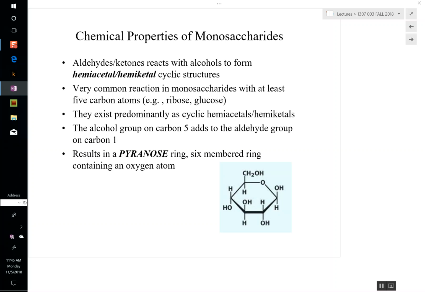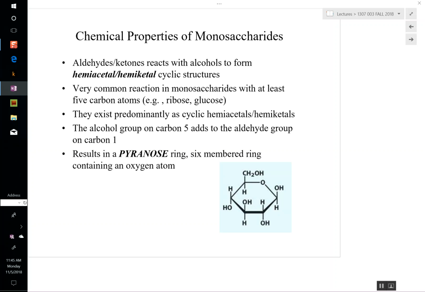So let's actually draw the product. I'm repeating that over there. That's what happens. You're adding across a double bond.